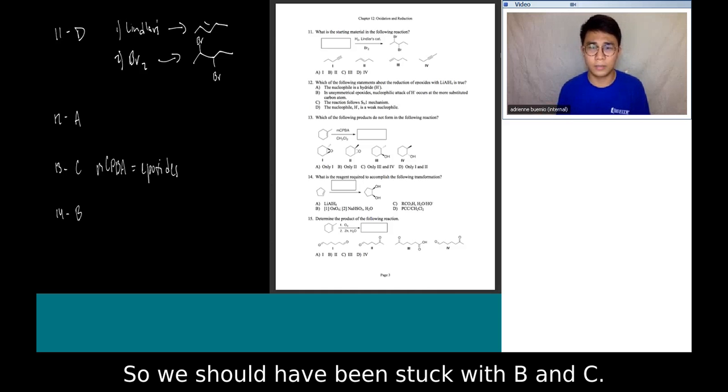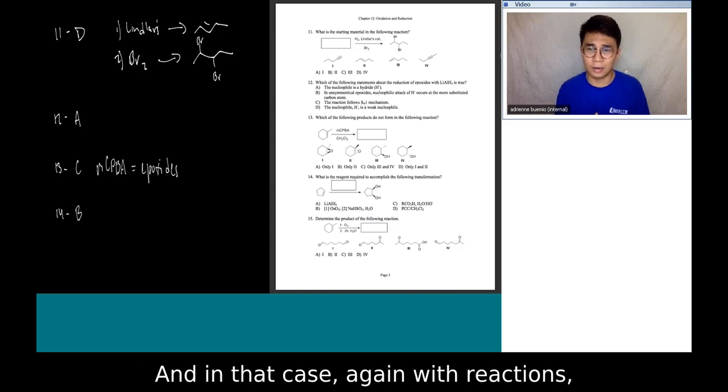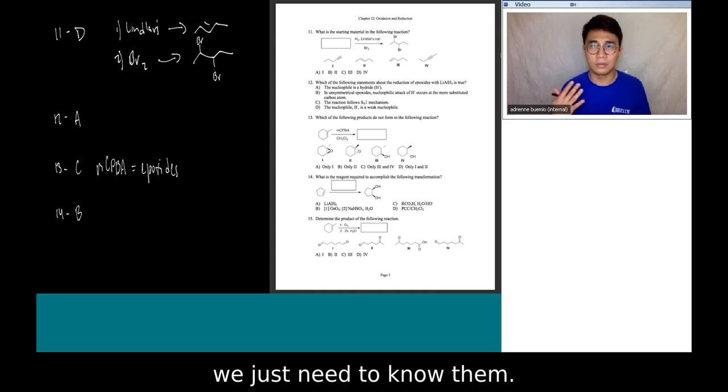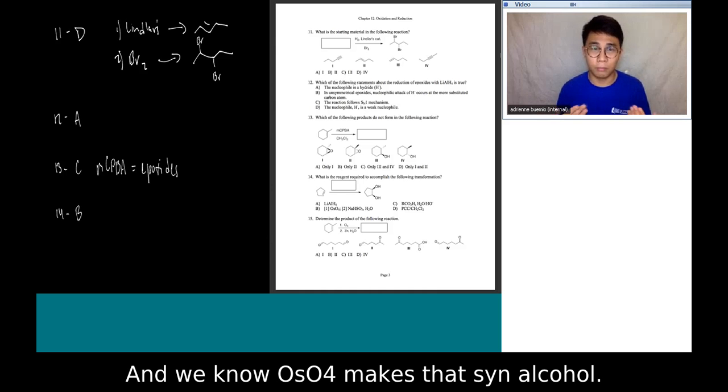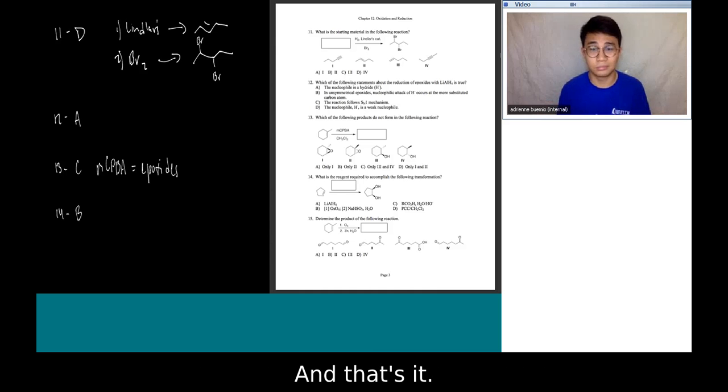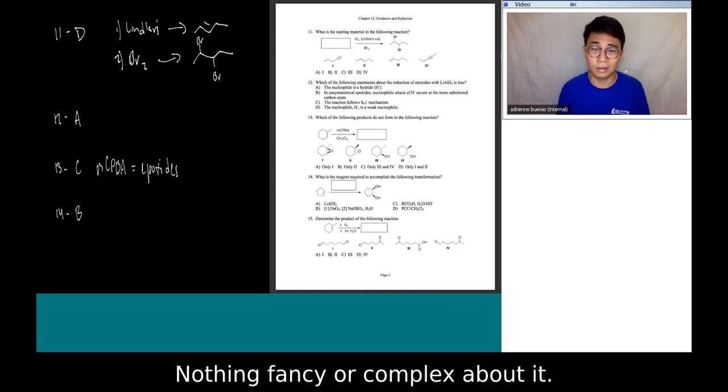So we should have been stuck with B and C. And in that case, again, with reactions, you need to know them. We know OsO4 makes that syn diol, and that's it, right? Nothing too crazy, nothing fancy or complex about it. Yeah, that's all there is to it.